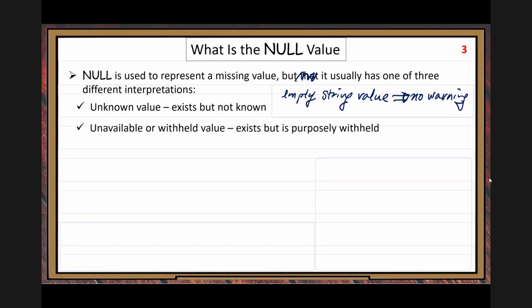Second case, unavailable or withheld: the value exists but is purposely withheld.